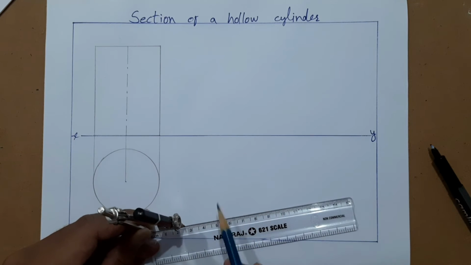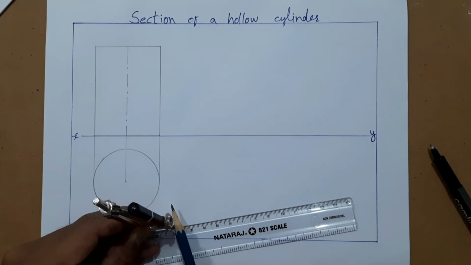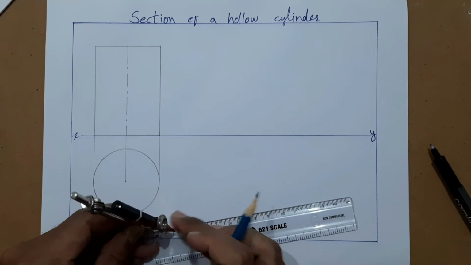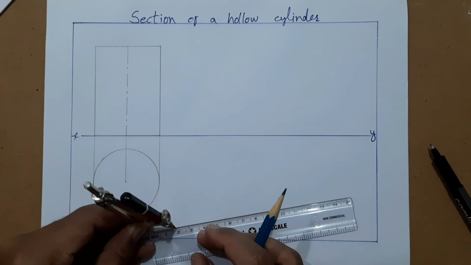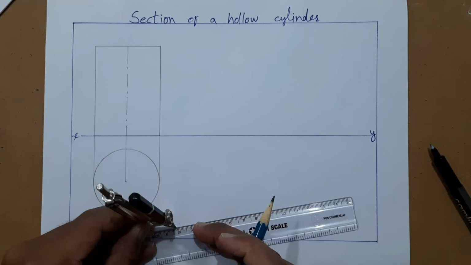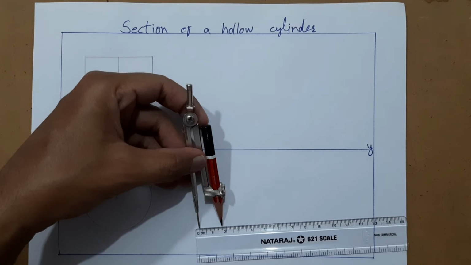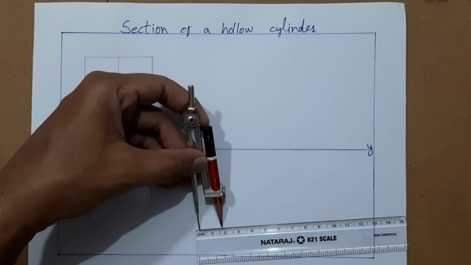So what will it be if you remove 8 mm from the 25 radius? It will be around 17. It is all set to 17 millimeter for the internal circle.